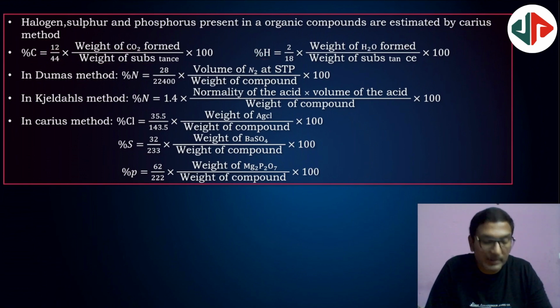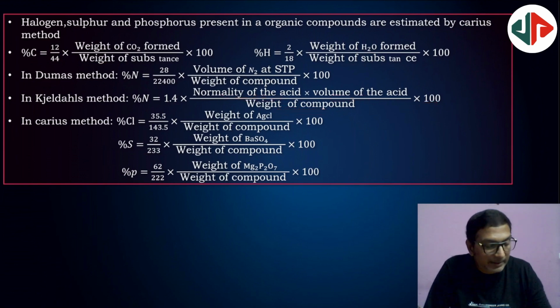Percentage of hydrogen is 2 by 18 into weight of H2O by weight of substance into 100. Substance means organic compound. Dumas method: percentage of nitrogen is 28 by 22400 into volume of N2 at STP in ml by weight of compound into 100. Kjeldahl's method: 1.4 into normality of acid into volume of acid by weight of organic compound into 100.